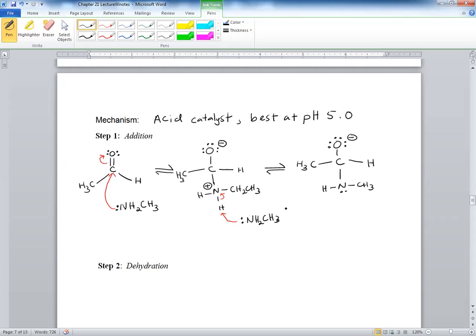So this protonated amine is acidic. So it's going to protonate the charged oxygen.